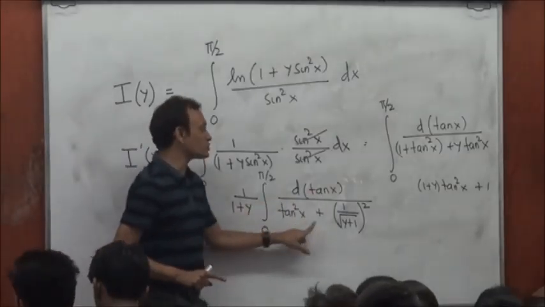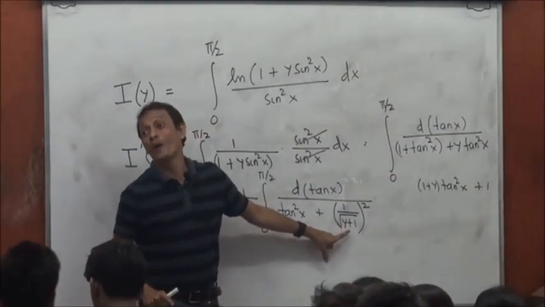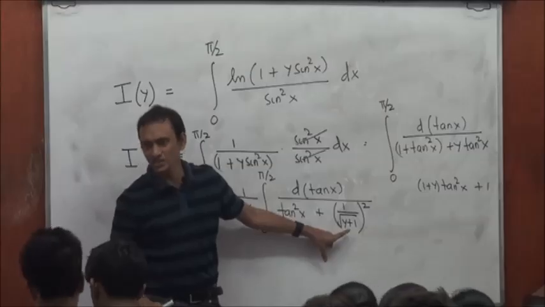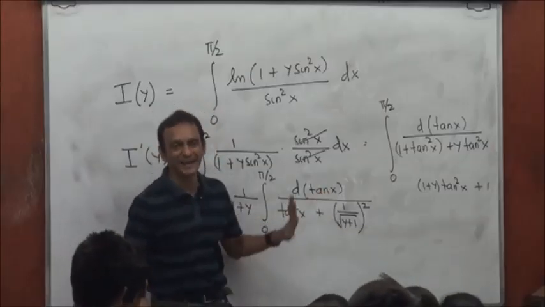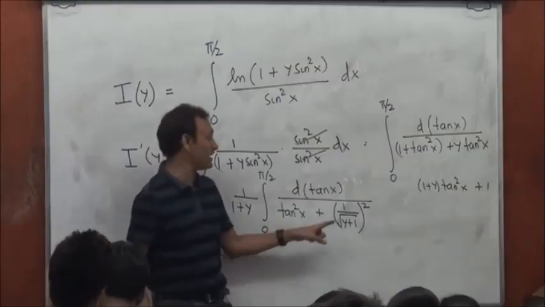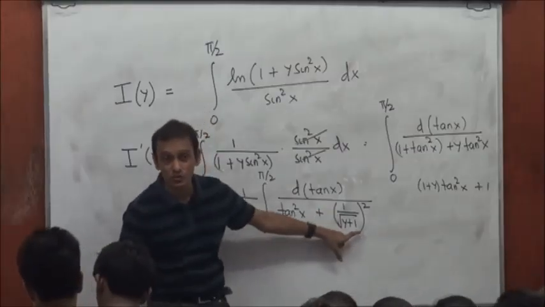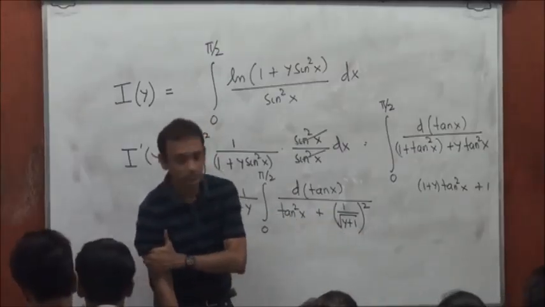So dt by t squared plus a squared is 1 by a tan inverse t by a, where a is 1 by root y plus 1. No?